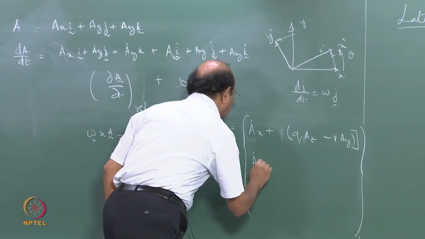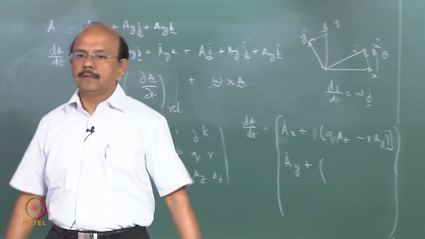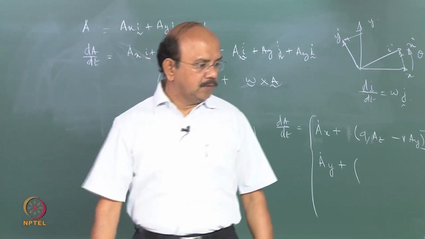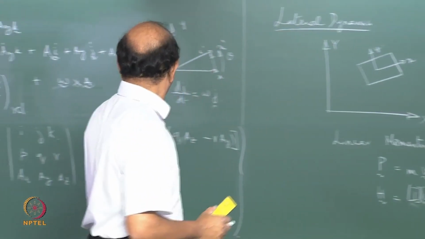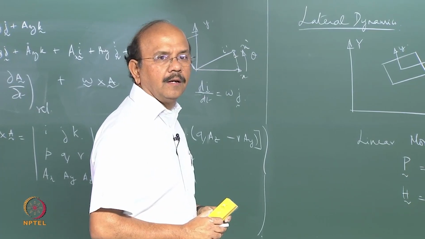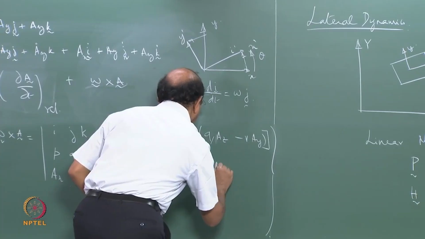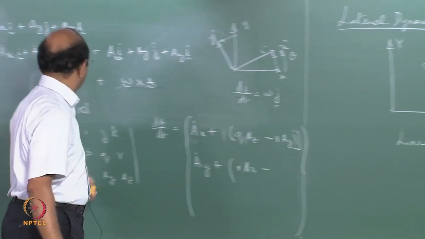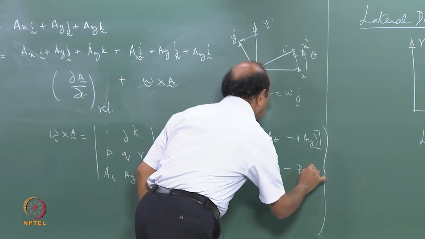Write down Ȧy plus, what are the terms that are there? That is for the j term: R Ax minus P into Az.